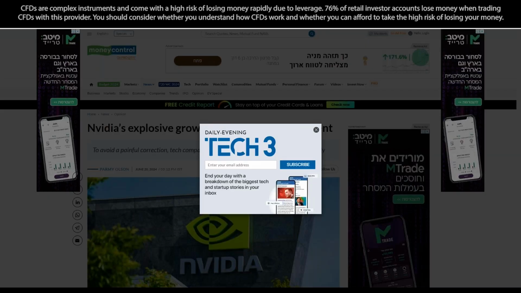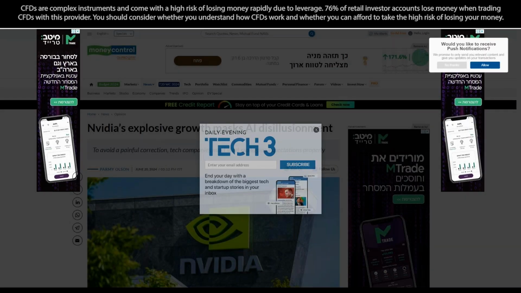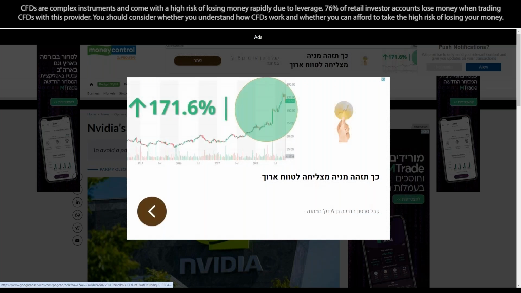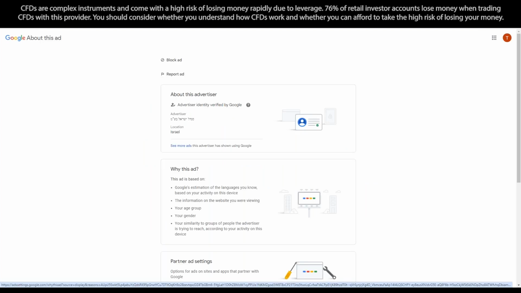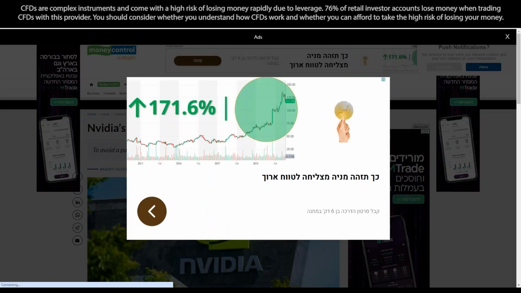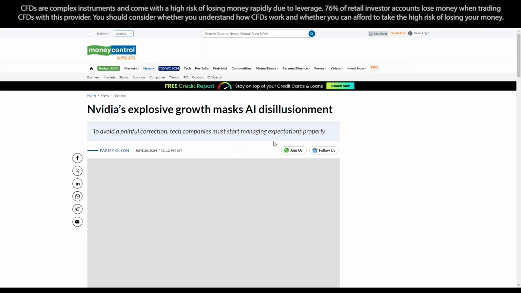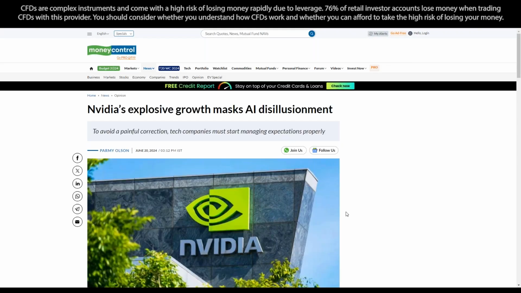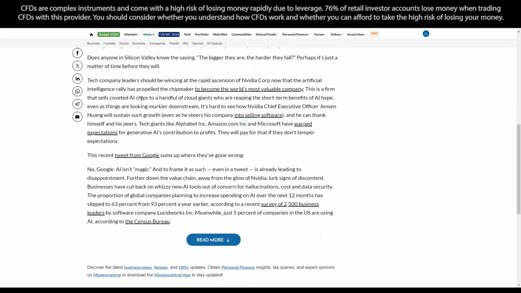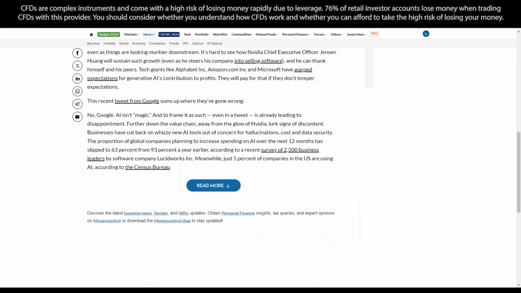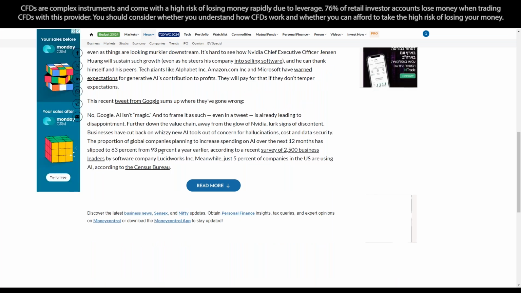To avoid a painful correction, tech companies must, if I can get rid of these pop-ups, let me reload this page. Start managing expectations properly. And you can read the article to see exactly what they are talking about here, managing expectations and worried about a pullback of some kind.